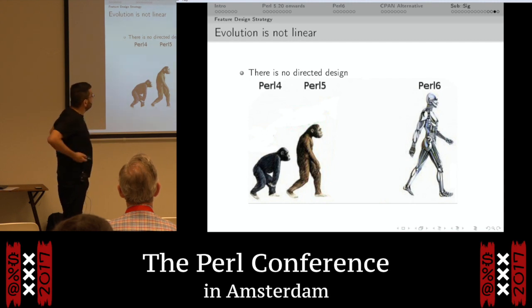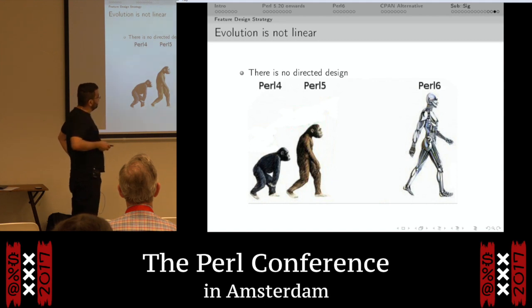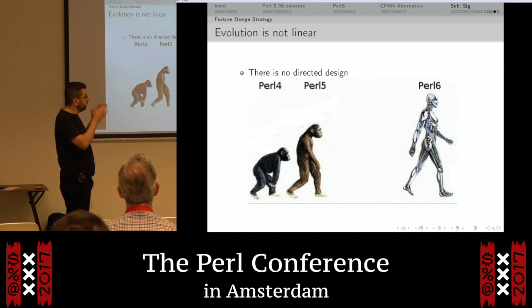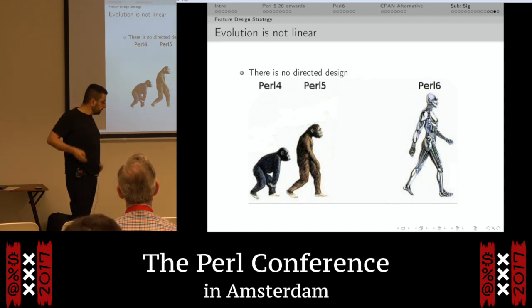This image is actually wrong, because the idea behind it is that there is a straight line of evolution, and we always say we are the peak of the evolution. This is because we're standing on the peak, we're looking back. This is not how evolution works. We don't know if we are the peak of the evolution. We don't know if we are the peak of this planet.